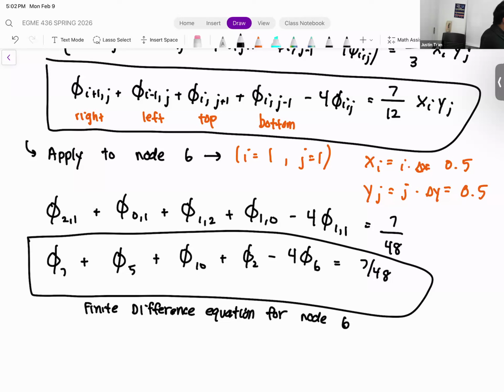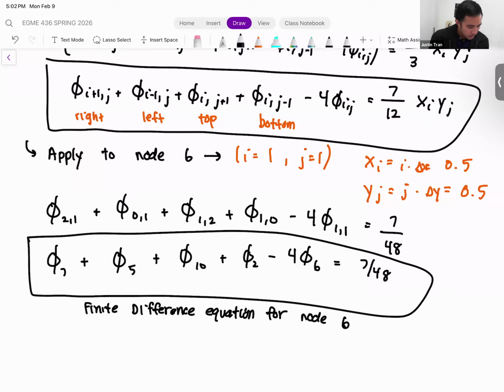So the ID numbers tell you very easily that this equation is going to be the 6th equation in our matrix, and we're going to have entries in column 7, column 5, column 12, column 2, and column 6. The ID numbers are there just to help facilitate the entry into the linear system. And also it just looks a lot cleaner.